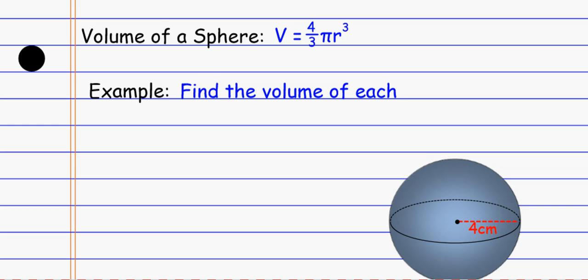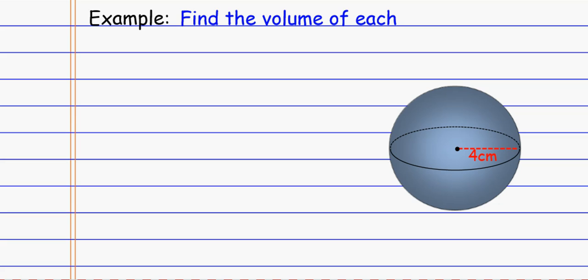And so for something like this guy, if we want to find the volume, once again, the volume is 4/3 pi r cubed. And again, I'm going to use 3.14. You can use the pi button. That is fine.